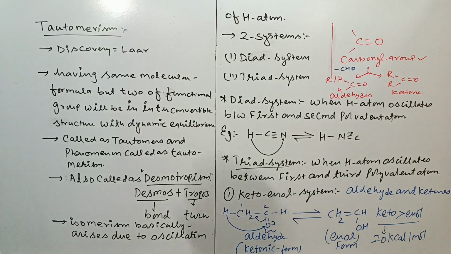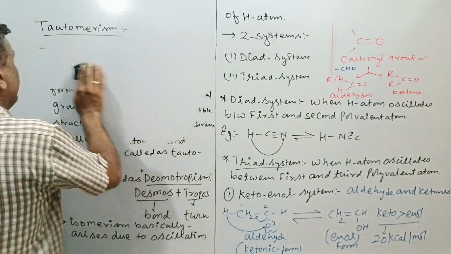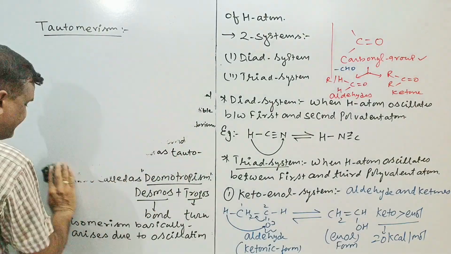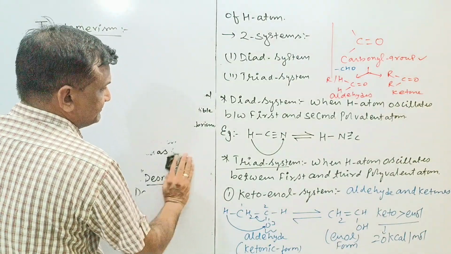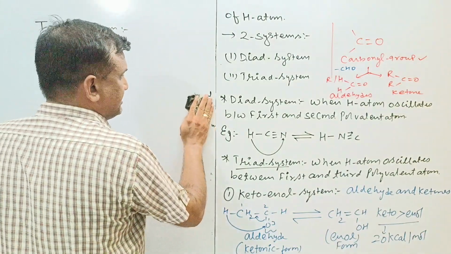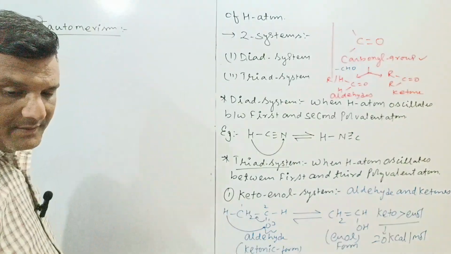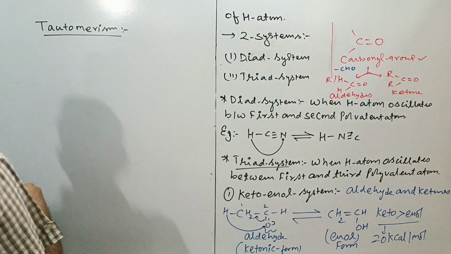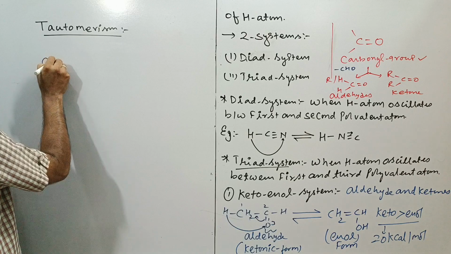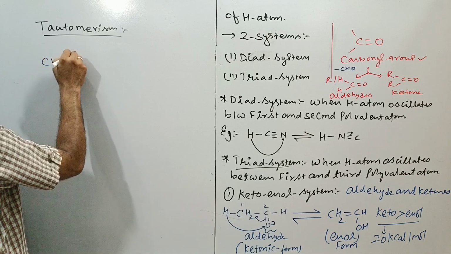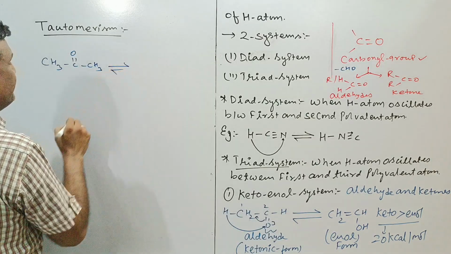Now it's time to discuss another example of tautomerism regarding your keto-enol isomerism. This is acetone, CH3COCH3. Here's the equilibrium.